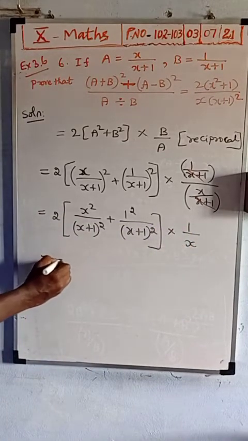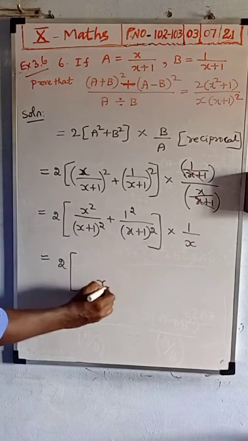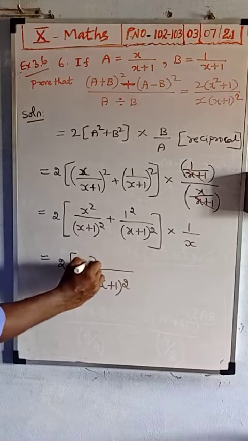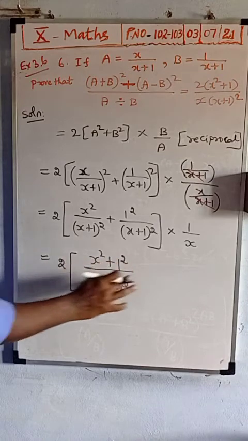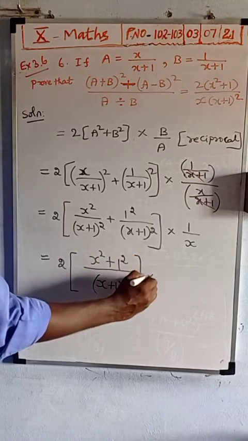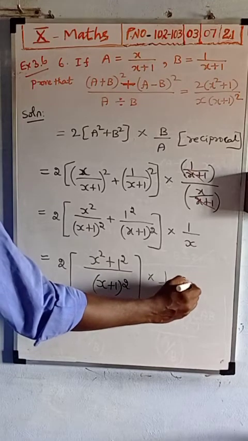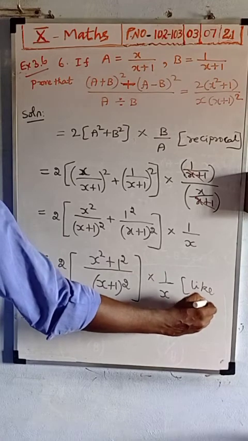Now see, 2 times of, it is a like denominator, so x plus 1 to the whole square, in the numerator you should add x square plus 1 square, x square plus 1 square, value 1 only, into 1 by x. Here like denominators, so as it is you should add the numerator.